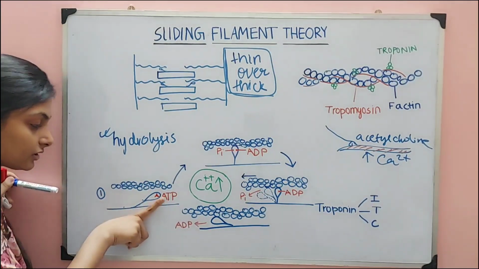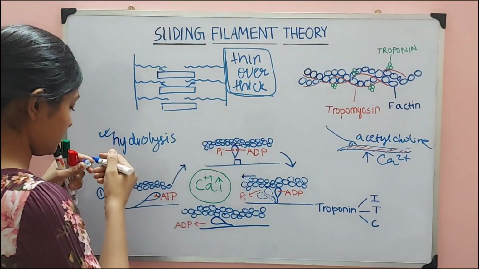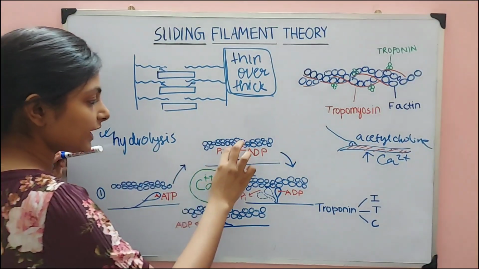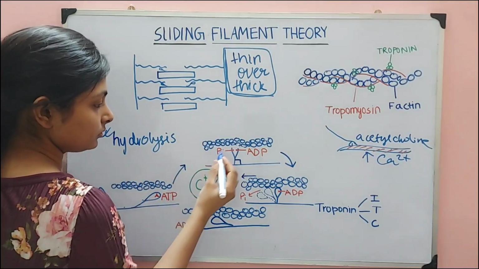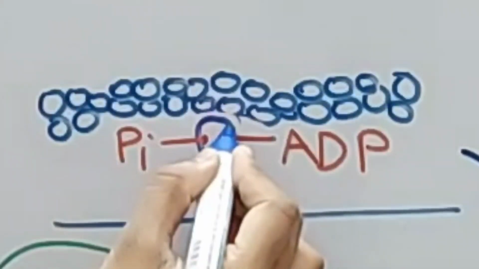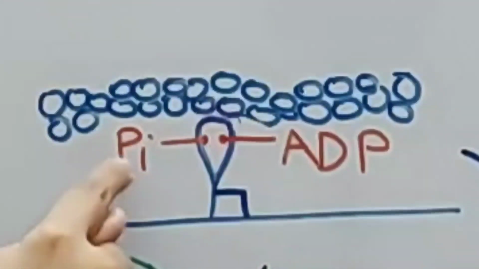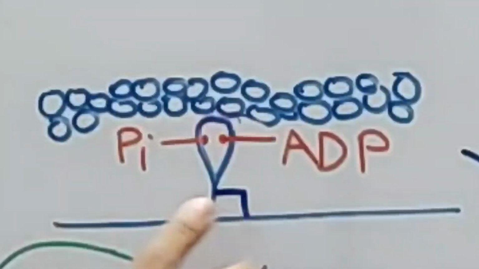From 120 degree, this will go straight and become 90 degree. So there is no attachment yet. There is no attachment now. It has just become 90 degree. This is phosphate group separate, and this is ATP.